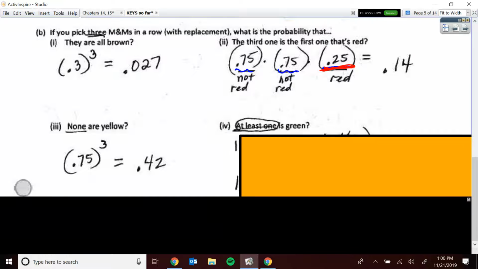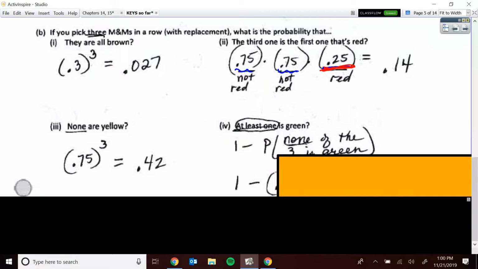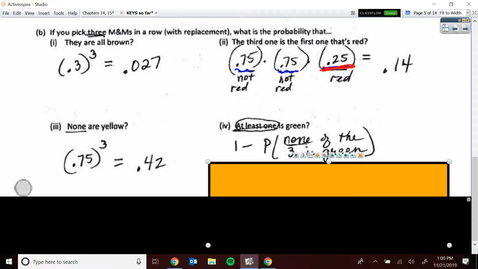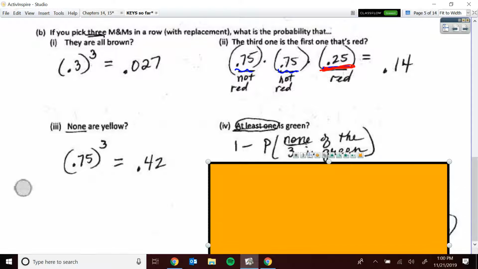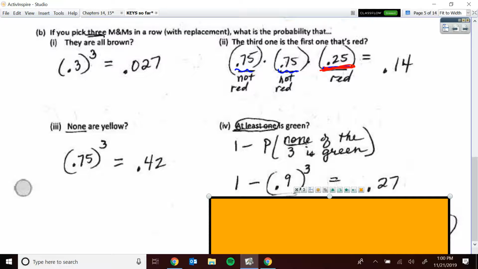Let's talk about this. At least 1 is green. So the probability that at least 1, that's everything except for what? None of them being green. Everything except for none of them being green. And none of them being green is that 0.9 to the third power.